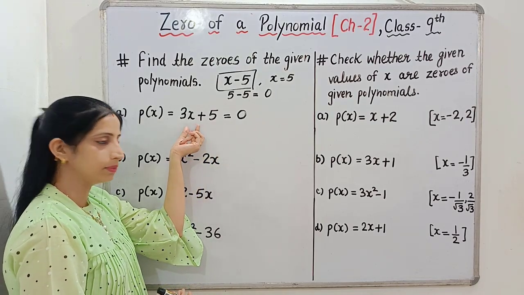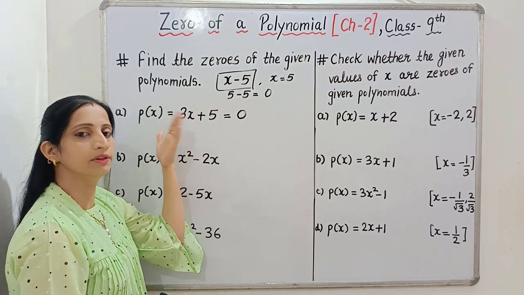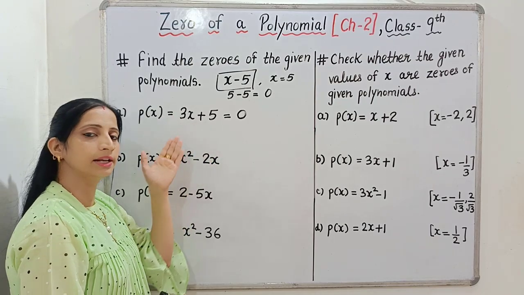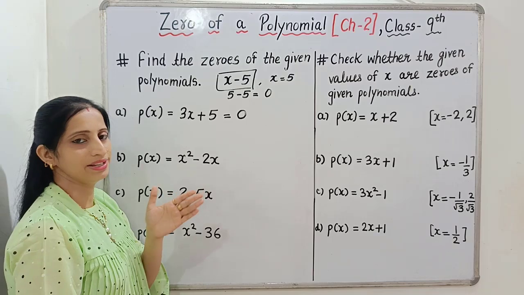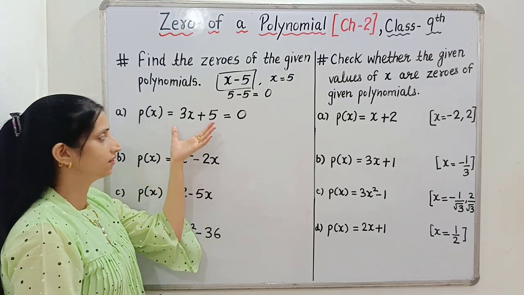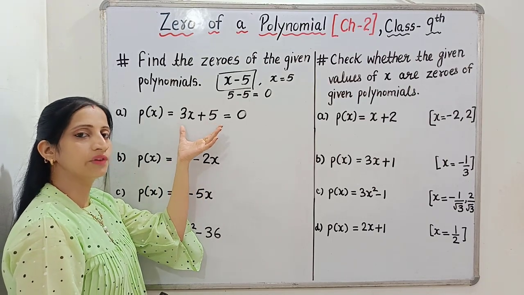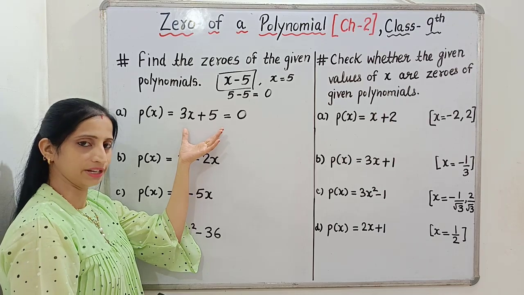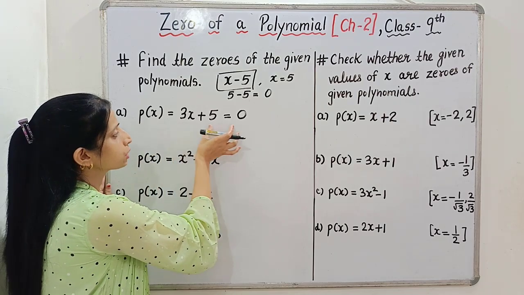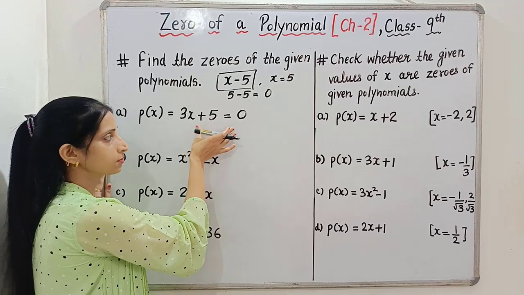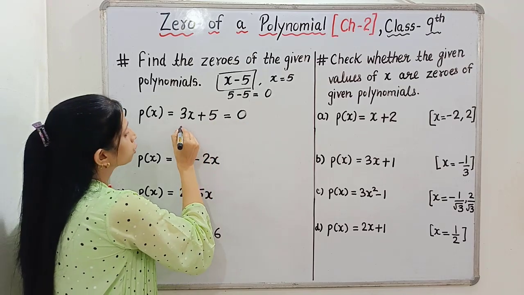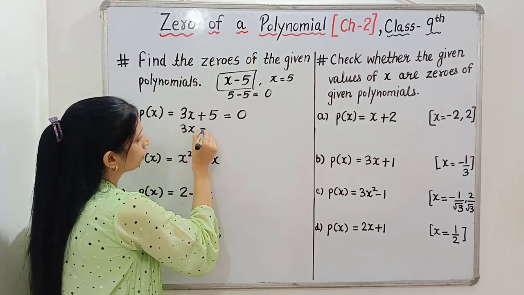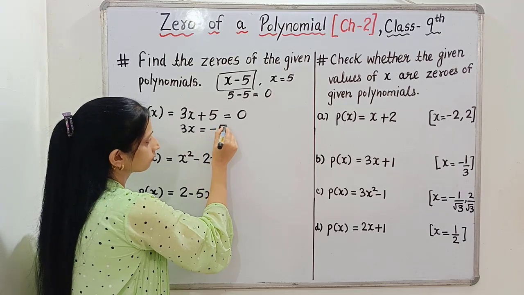The variable can be anything. It can be x, y, z, p, q, r, a, b, c or anything, whatever is given in the question. You need to find out the value of that variable. Now 3x plus 5 is equal to 0. Now it has become a simple equation. So 3x will be equal to minus 5.